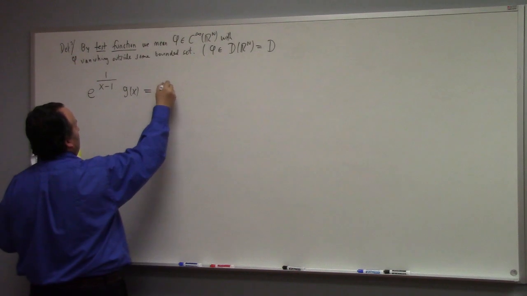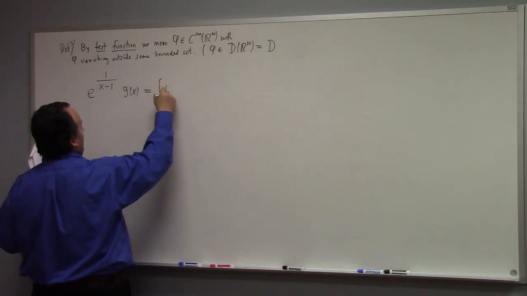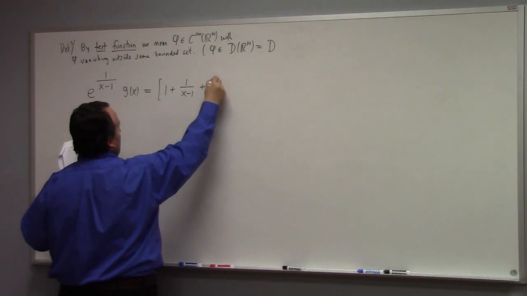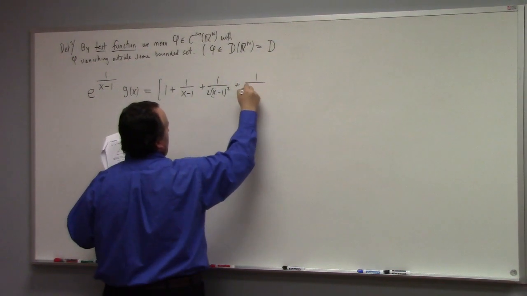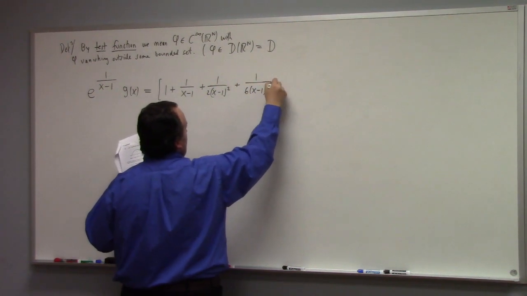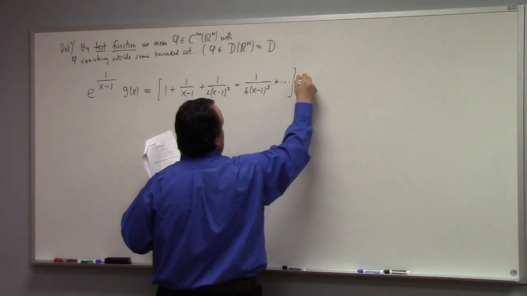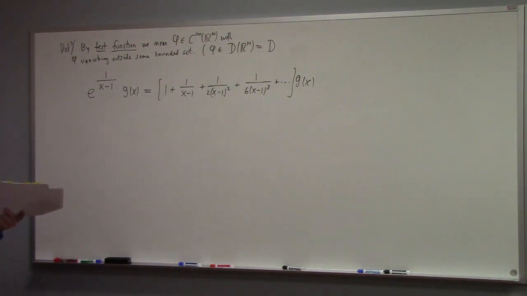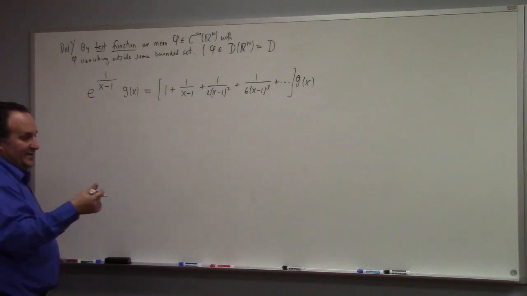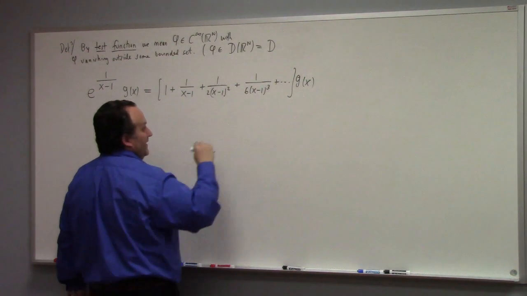You're looking at the sum 1 plus 1 over x minus 1 plus 1 over x minus 1 squared over 2, plus 1 over 6 times x minus 1 cubed, plus and so on, times this other piece. Now the other piece is analytic at 1 because it is based on the 1 over x plus 1 when you feed it to the laws of exponents. There's also a half I'm neglecting at the moment, but that's the secret sauce behind the example: it has an essential singularity at the edge.